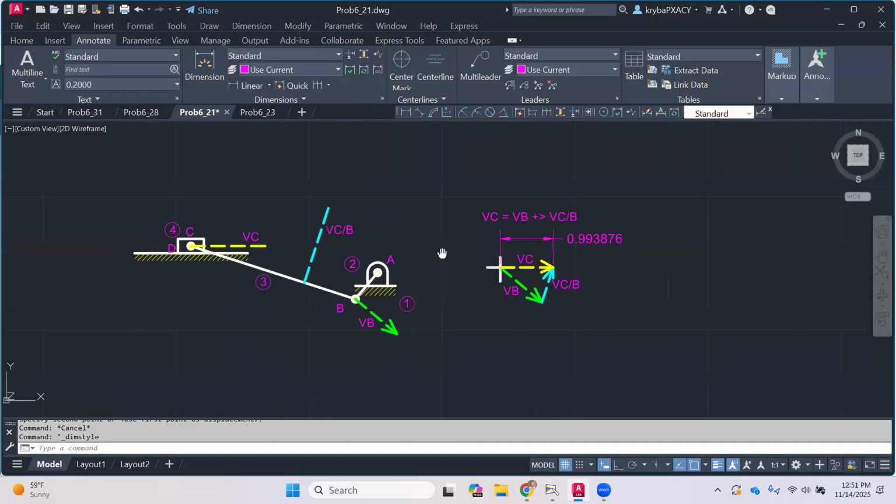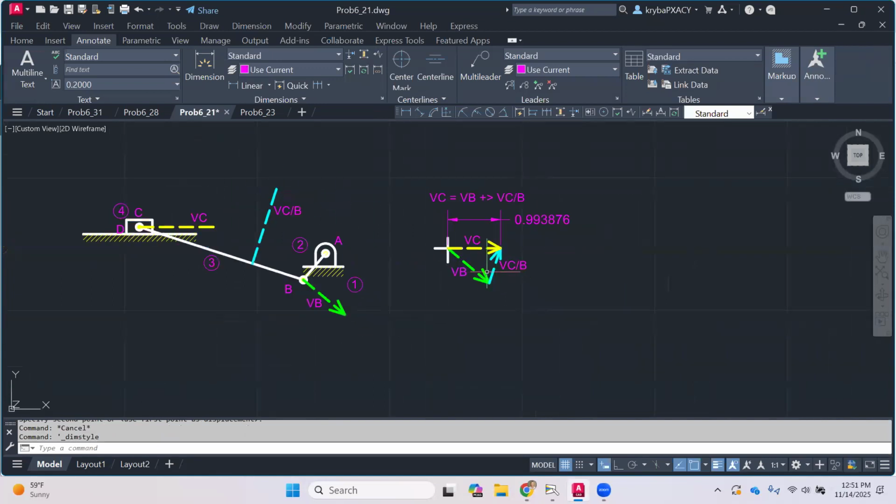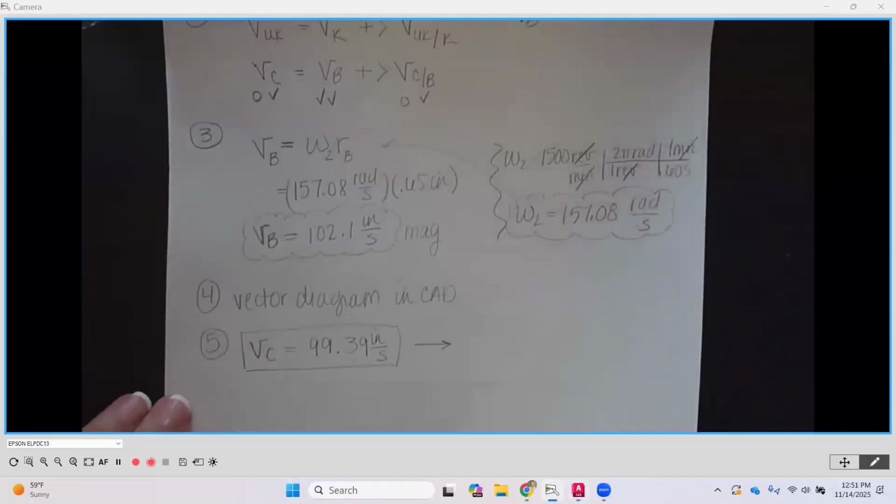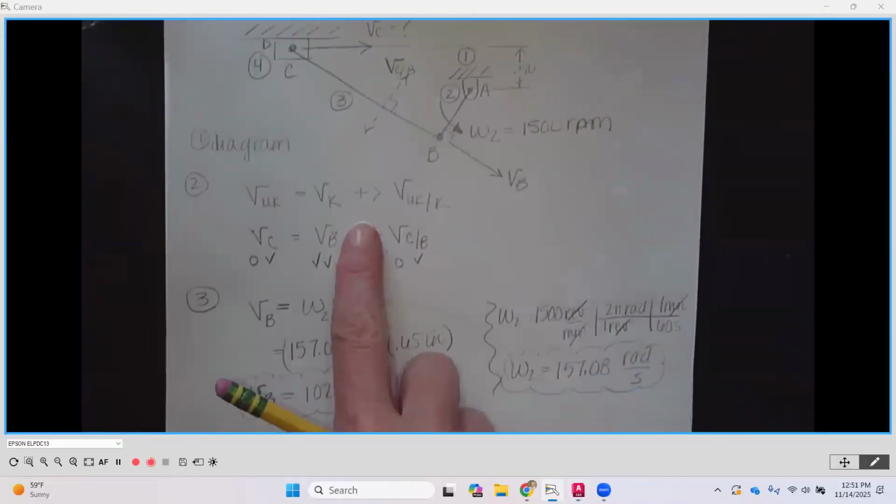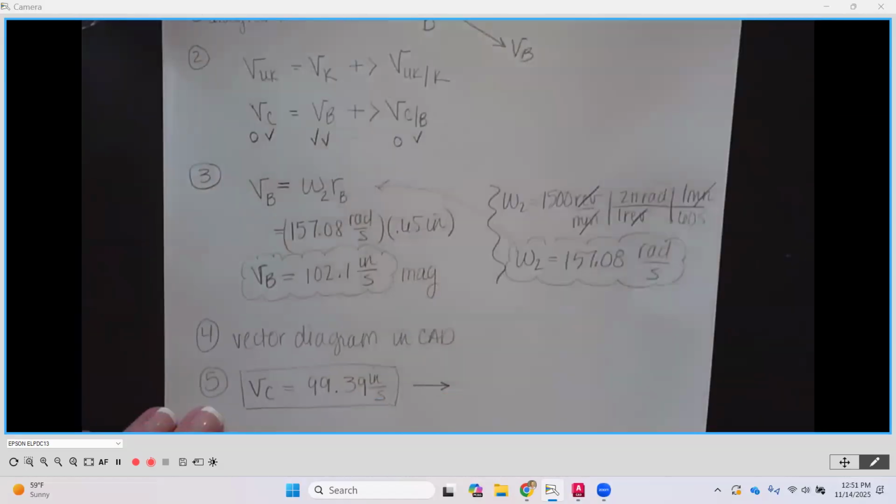So make sure when you hand this in, you're going to take a screenshot, and it can be either separate screenshots or, if you have your text large enough, one single screenshot of the CAD work to verify the dimension of your final answer. You do not need to dimension C relative to B because it's not asking that as a final answer, okay? So it's just velocity of C, or our blade, right? And then make sure that you include the work that you did to determine any values here.